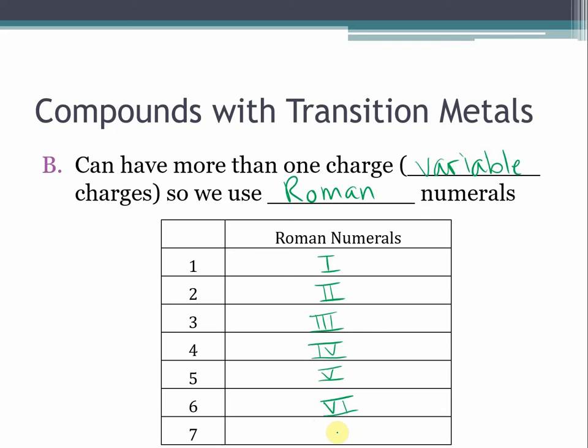And 7 is VII. Obviously, your Roman numerals go way past this, but you only need to know 1 through 7. And when I say know them, I mean actually know them, be able to understand them, be able to use them. You need to memorize them.